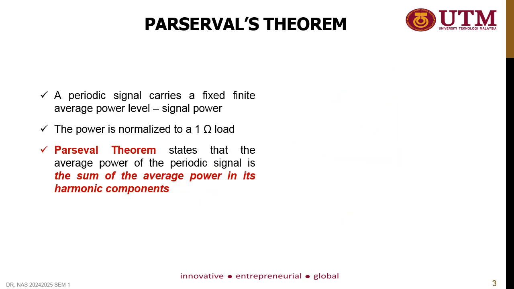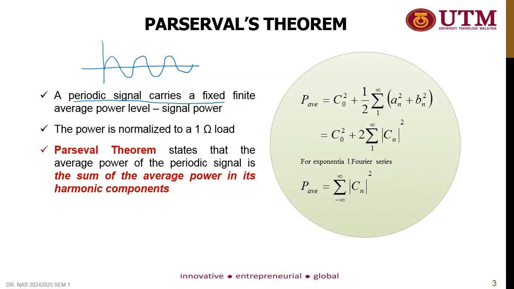And let's look at Parseval's theorem, which states that the average power of a periodic signal is the sum of the average power in its harmonic components. So basically a periodic signal carries a fixed, finite average power. We can use Parseval's theorem to calculate the average power by considering each of the components.